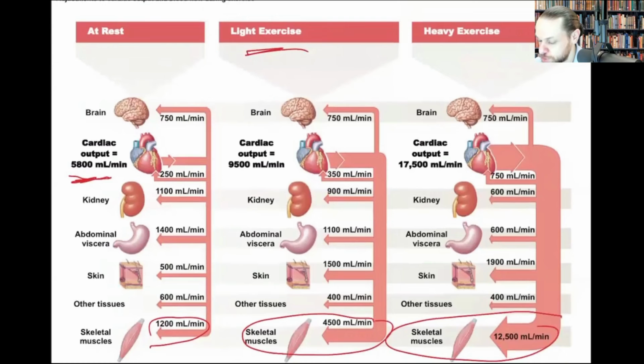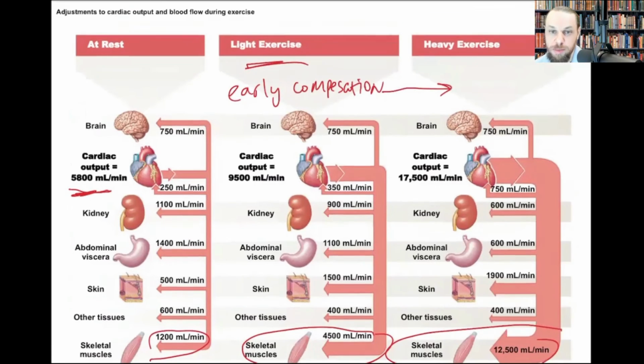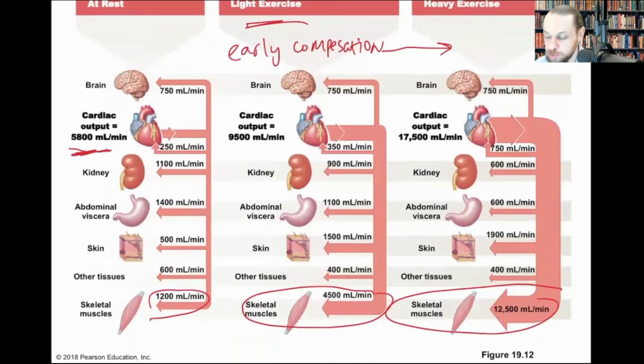This could be your early compensation for shock. So in early compensation for shock, you're probably not going to get all the blood flow to your muscles. But you're going to start to get that vasoconstriction going, so the blood can start to go to your vital organs like your lungs, your heart, your brain.